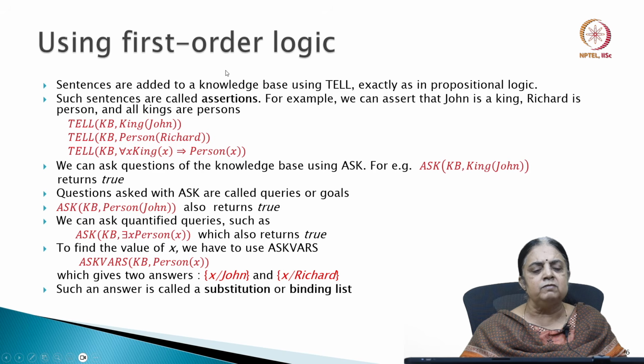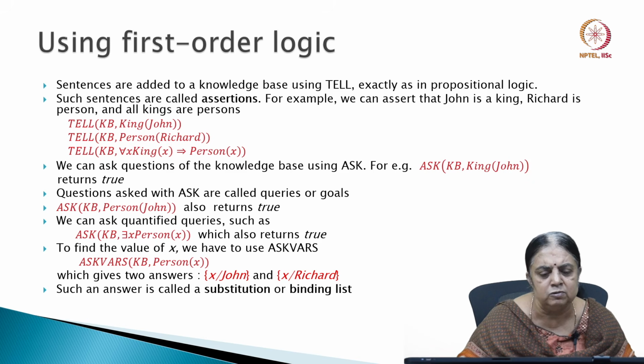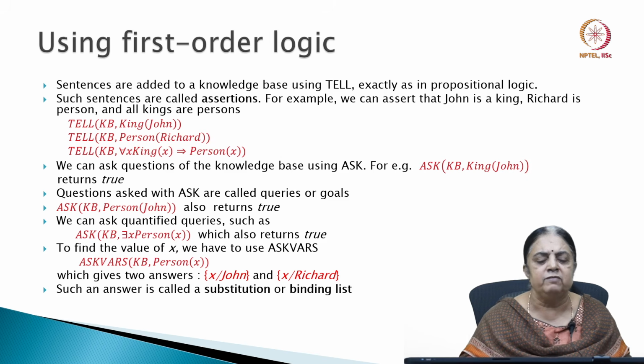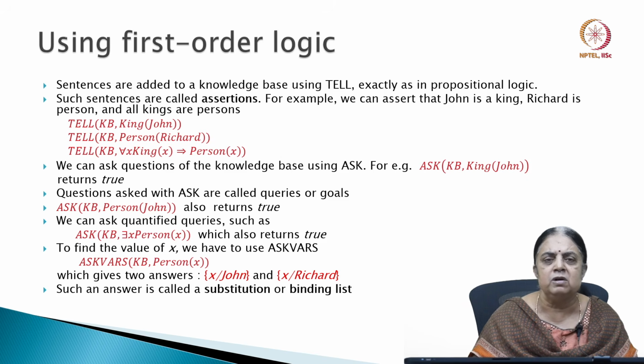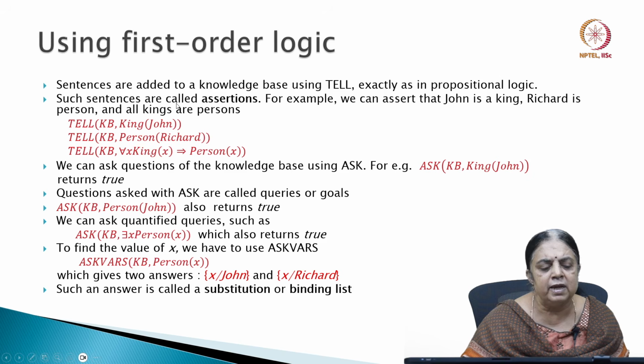So how do we use first order logic? In the case of first order logic, you can make sentences about anything in the world, which makes it very easy to use. And when you have a knowledge base, you can have something called tell and ask, which I had talked about earlier.